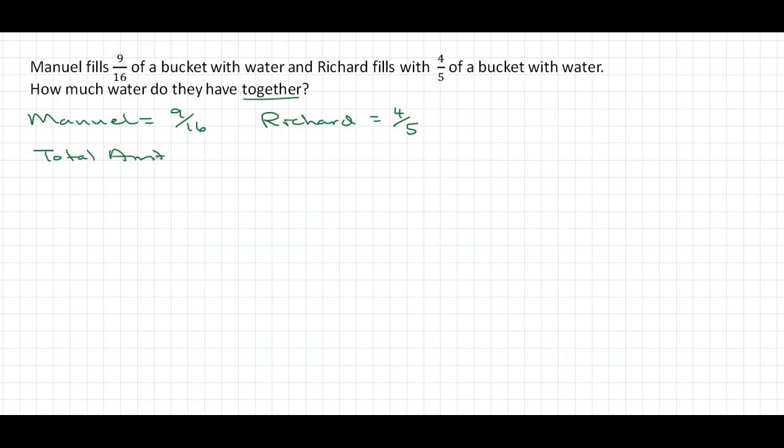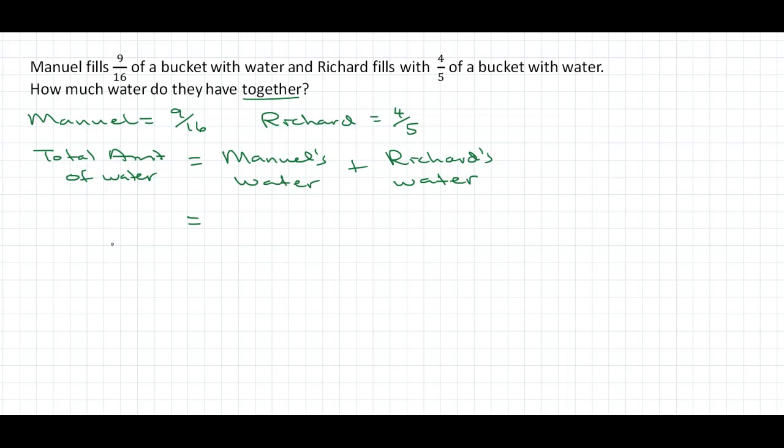Total amount of water is going to be Manuel's water plus Richard's water. Okay, so this is our word equation.